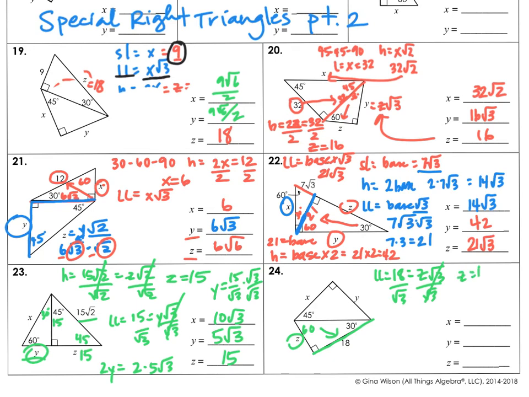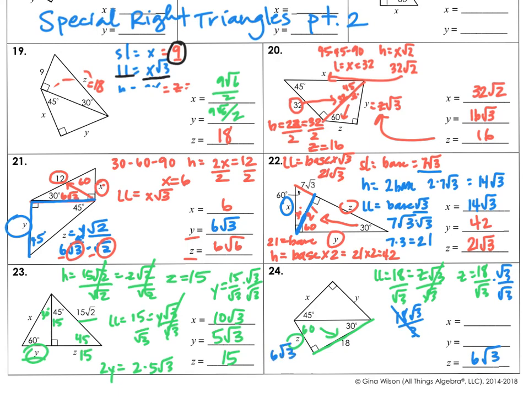So z is 18 over root 3, and you have to rationalize, of course, times root 3 over root 3. So z is 18 root 3 over 3, which will simplify to 6 root 3. So z is 6 root 3.